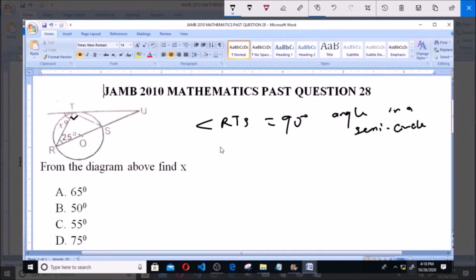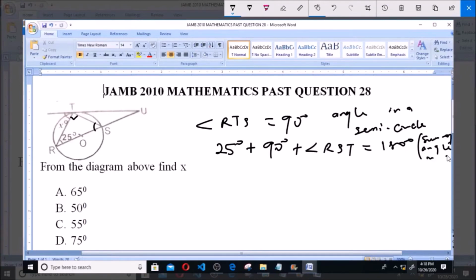Now we can say that this 25 degree, plus this 90 degree that I've gotten, plus angle RST, this angle here, is equal to 180 degree. Why? This is because of the sum of angles in a triangle.